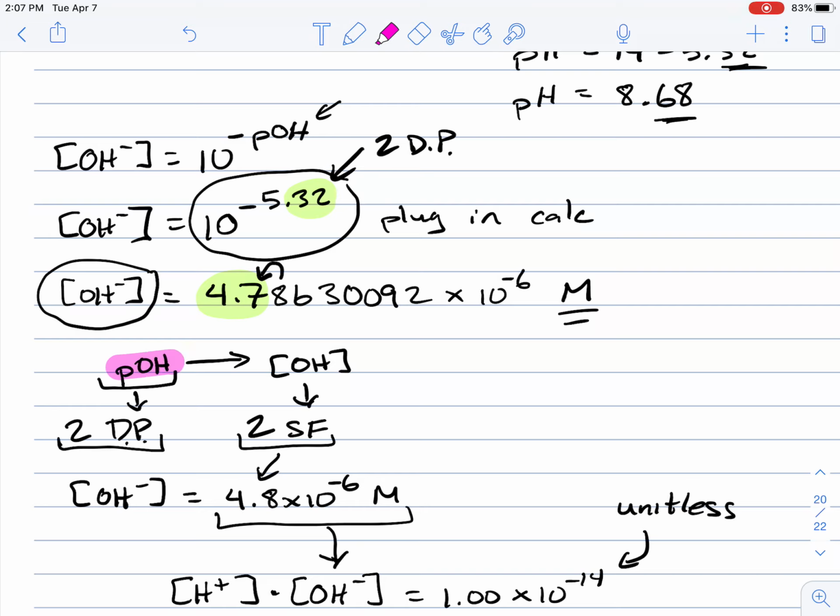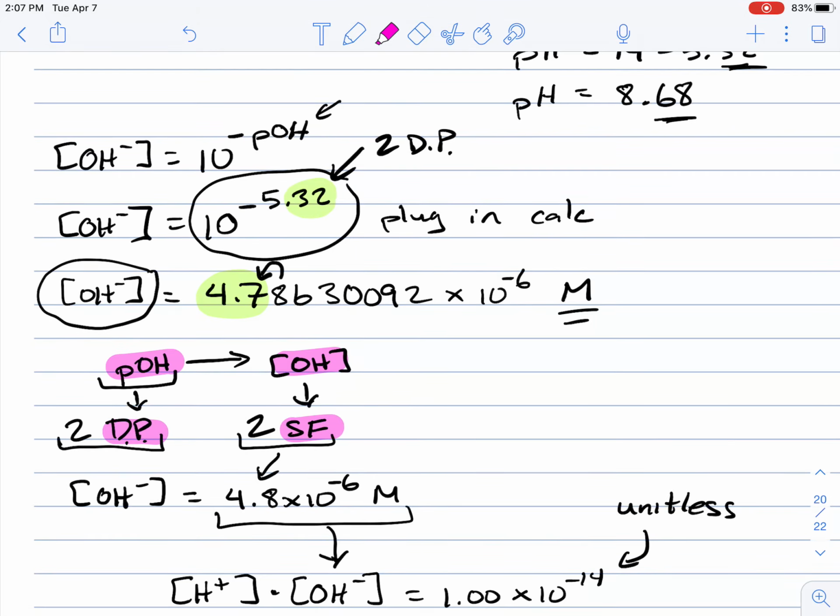So one quick trick is to just put in the pH or pOH, and then put in dP for pH or pOH, and then for concentration put in SF or significant figures. And you guys are just going to fill in that number to serve as a reminder of how many sig figs and how many decimal places you need to report.